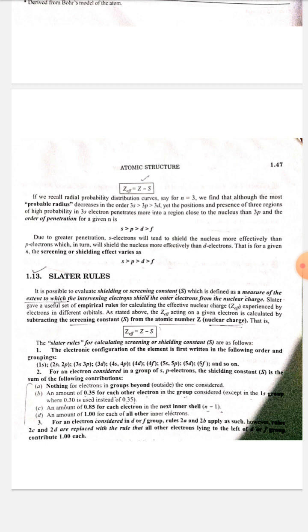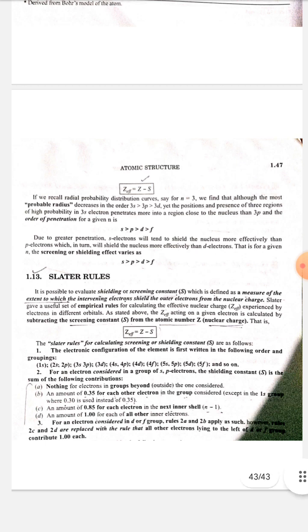Number 1. The electron configuration of the element is first written in the following order and grouping: (1s), (2s, 2p), (3s, 3p), (3d), (4s, 4p), (4d), (4f), (5s, 5p), (5d), (5f), and so on. Number 2. For an electron considered in an s or p group, the shielding constant S is the sum of the following contributions.